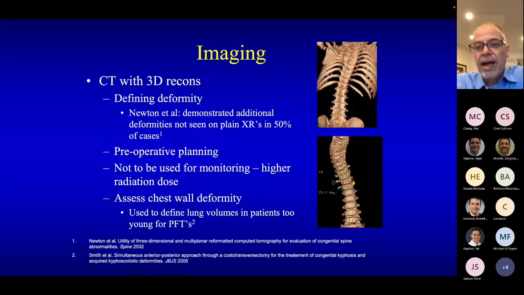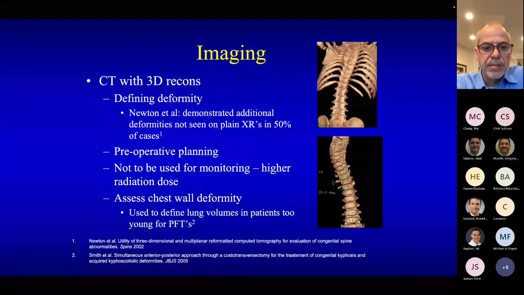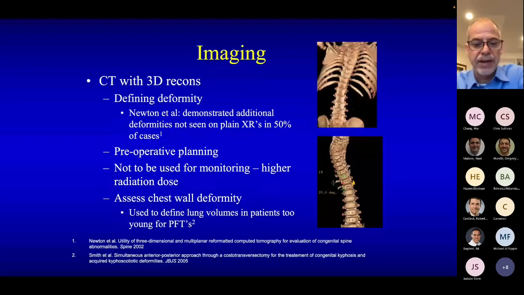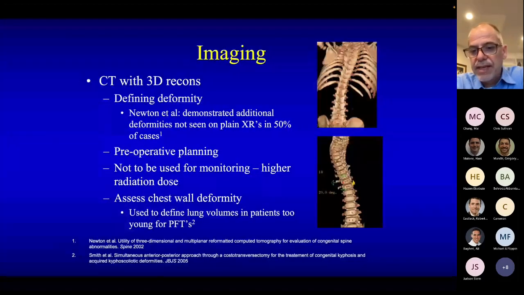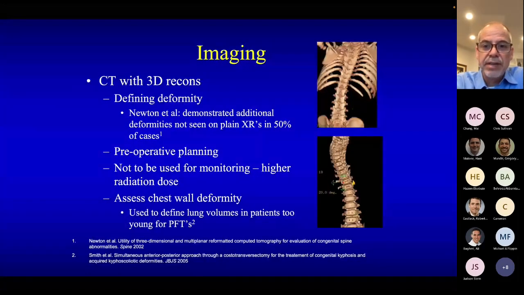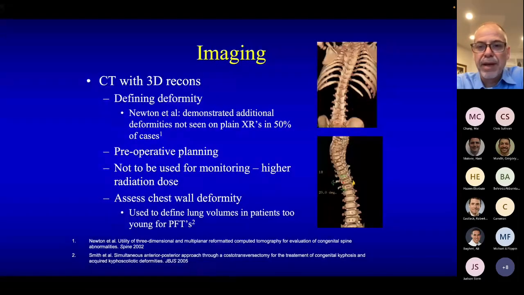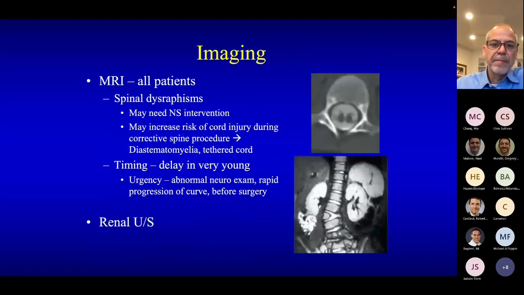And there's a paper that actually came out of San Diego long before I was even there that demonstrated that 3D reconstructions can define the congenital anomalies even better than standard CT. I would even say at this point in time, we're moving ahead to printing these 3D models, especially for preoperative planning, to truly get the best view and visual of what the spine actually looks like.